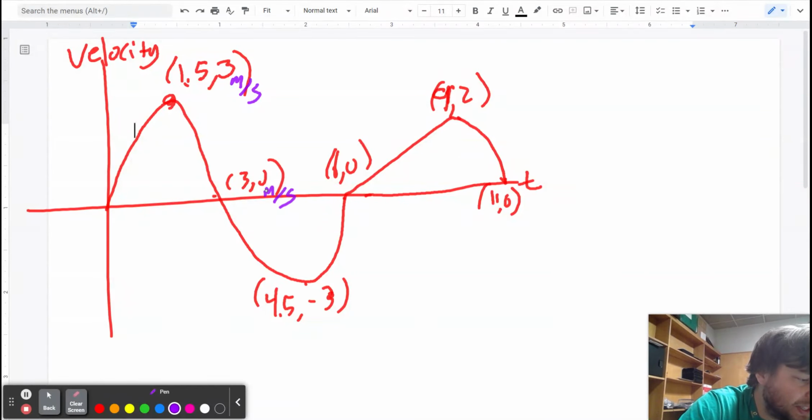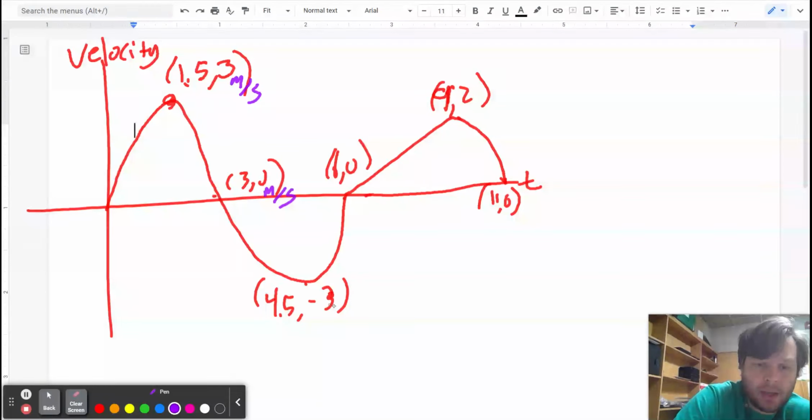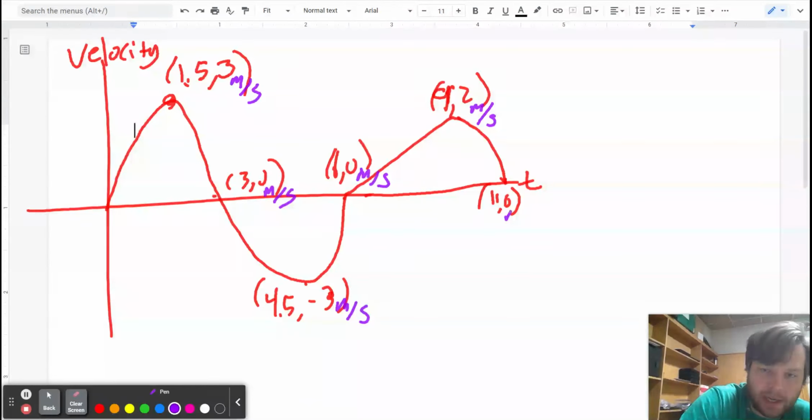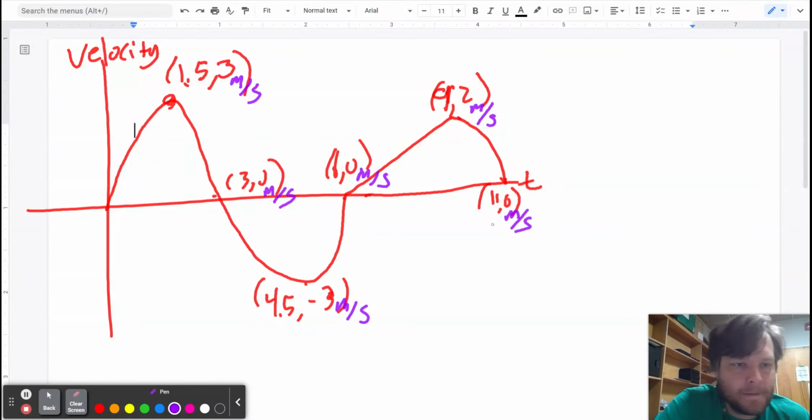I guess it doesn't specify that. So it could be miles per hour, it could be feet per minute. I'm just going to write meters per second just to help conceptualize what's happening here. But all it really is, is distance per time. Meters per second is pretty common. So what do I know here? Whenever the meters per second is positive, I'm moving in the positive direction.